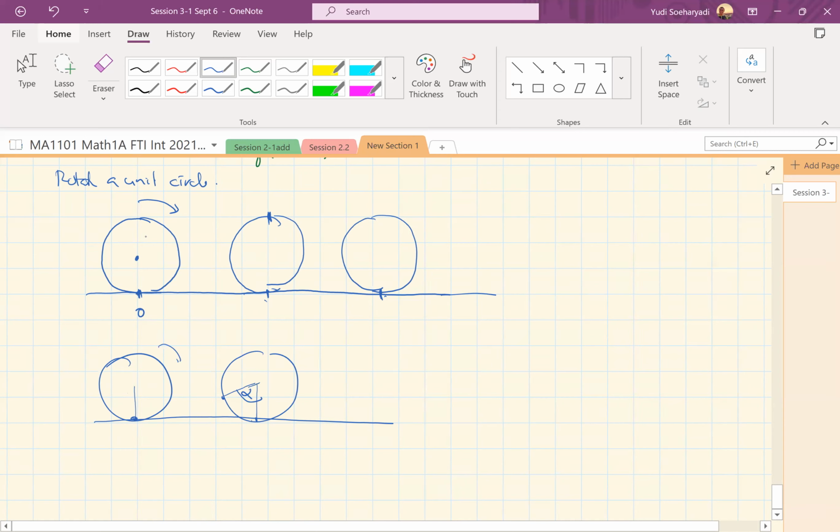When you turn this one, say this is M, now M is at this point. So what is this point over here? It ends back at this one.